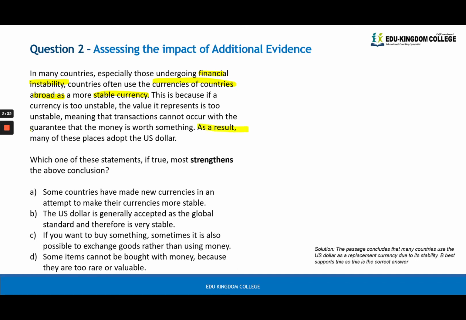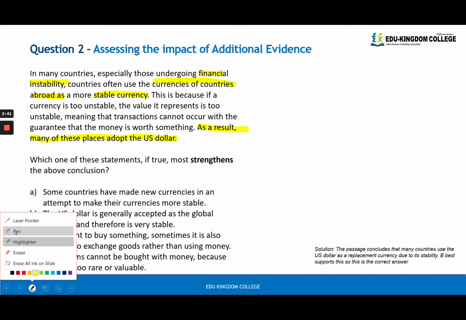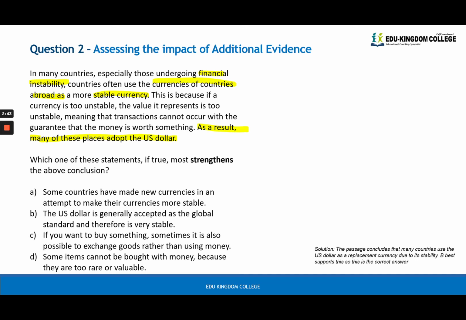As a result, many of these places adopt the US dollar. So basically, to find this stability, we are using the US currency as a replacement currency. That is the main idea of this passage. For that stability, a stable currency, we are using the US dollar.